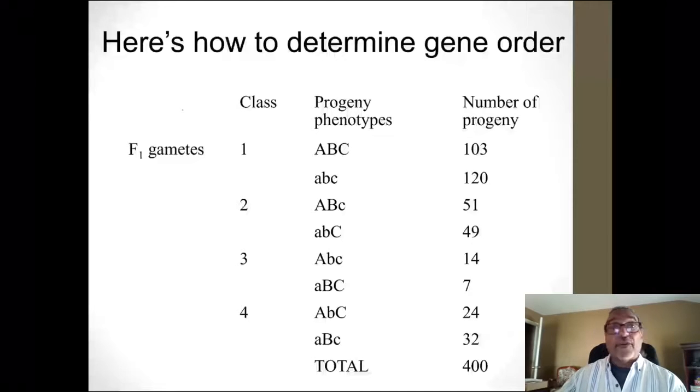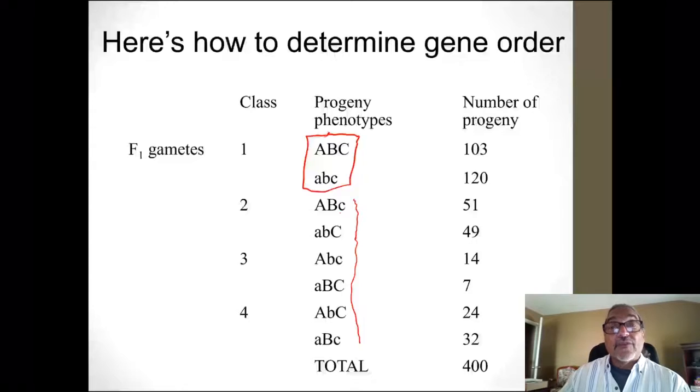Notice that the first 2 groups up at the very top, right here and here, they reflect completely the parental phenotypes, cap A, cap B, cap C, small a, small b, small c. But take a peek at this individual here. And in fact, all of the individuals below in classes 1, 2, 3, and 4.